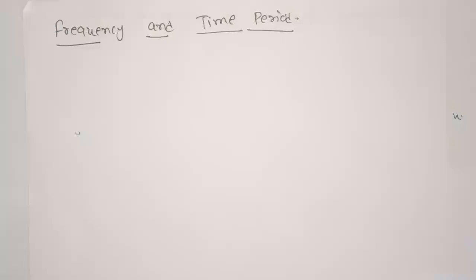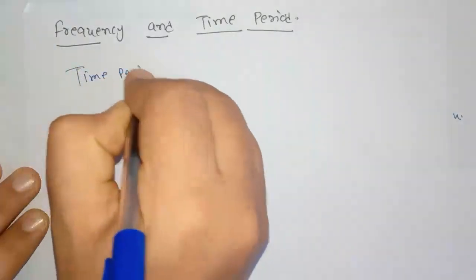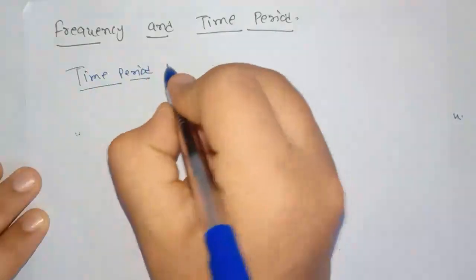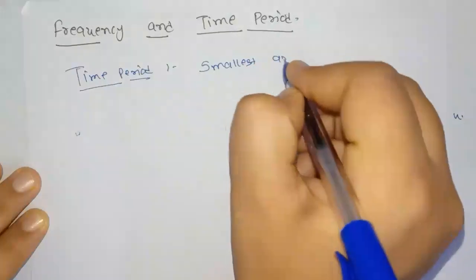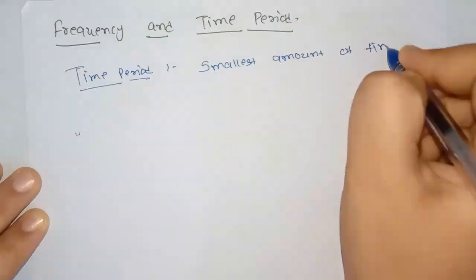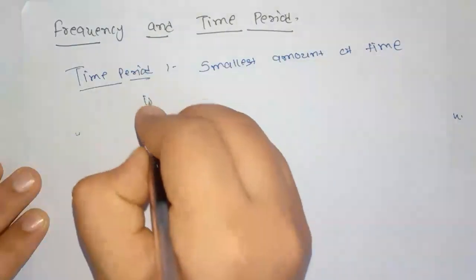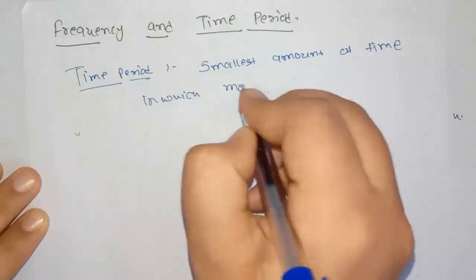Now let us revise the concept of frequency and time period. The time period is the smallest amount of time in which motion is repeated.